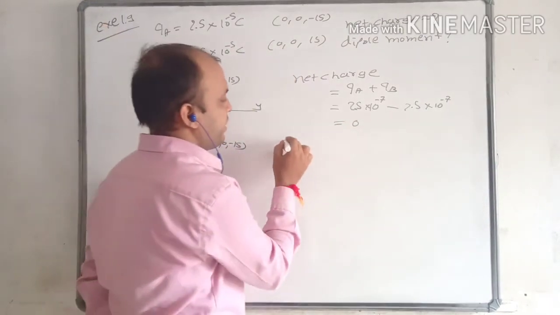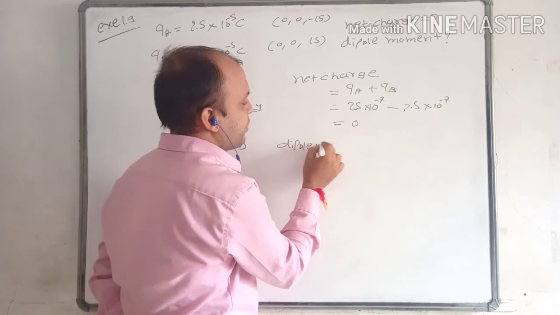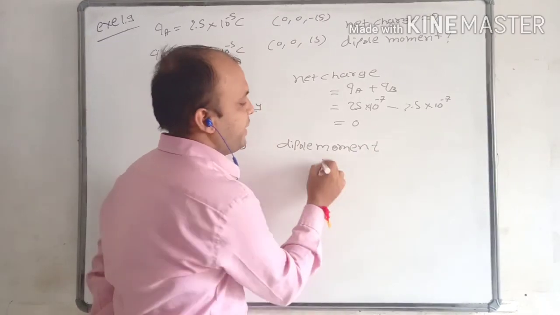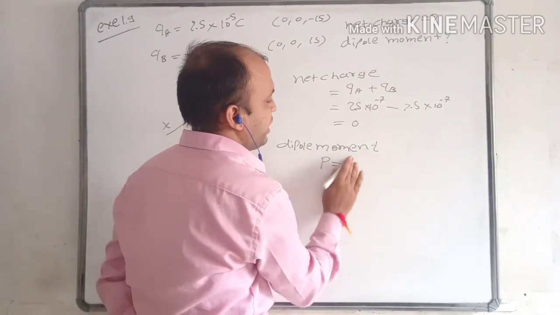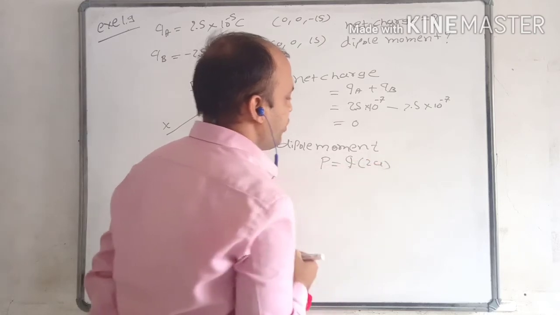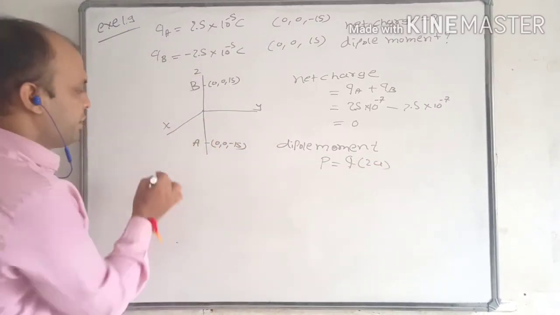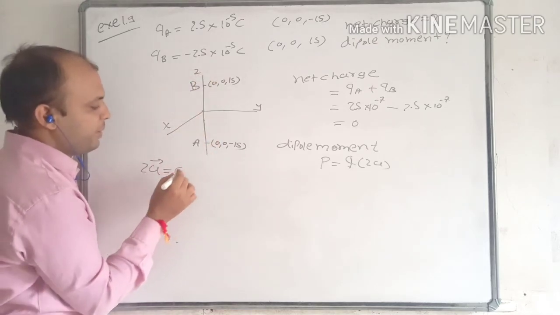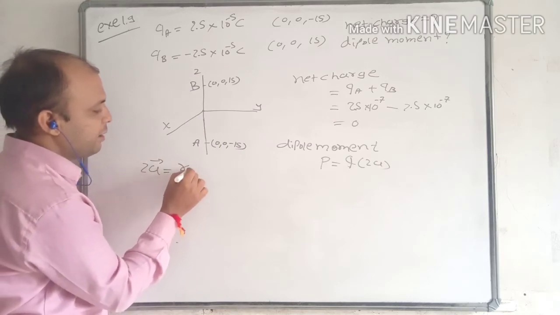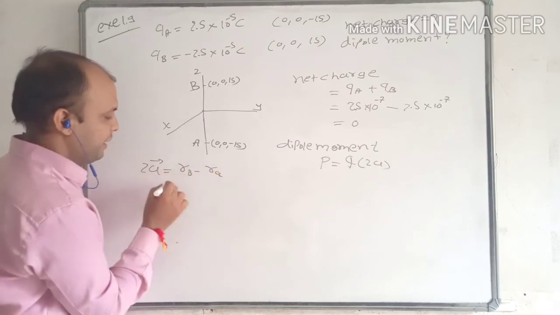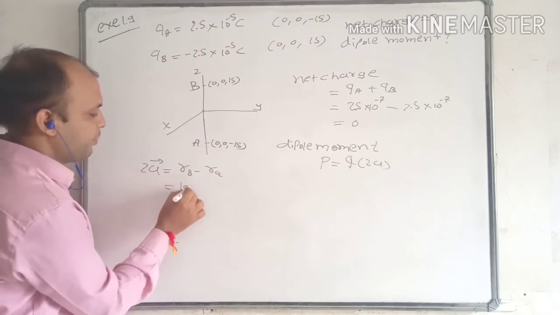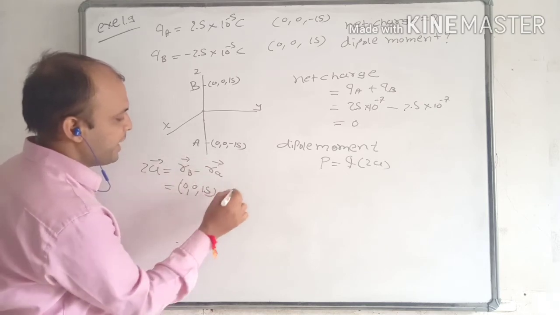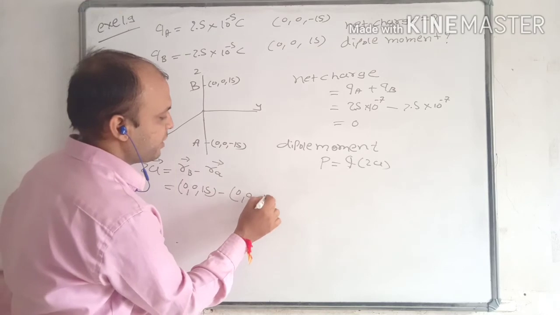But for dipole moment, what is it? Dipole moment P equals Q into 2A. So we have to find the separation between the two charges. So 2A will be RB minus RA. So RB is 0, 0, 15 minus 0, 0, minus 15.